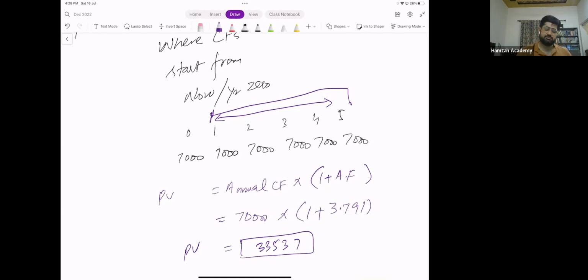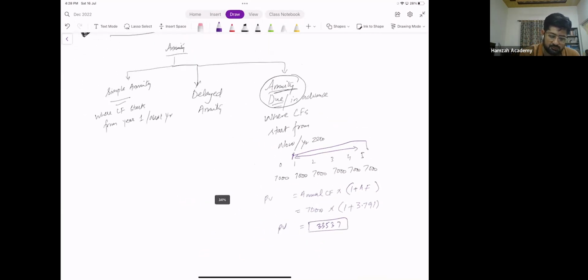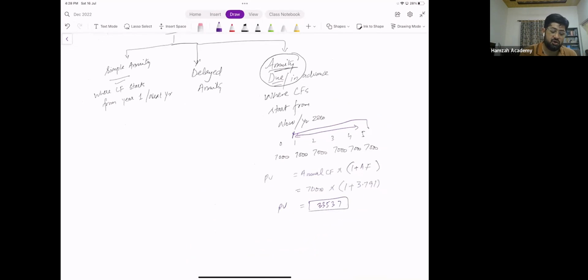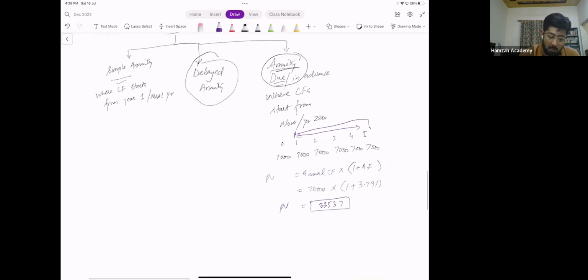Let us proceed further. Delayed annuity or deferred annuity, where cash flow starts after year one.